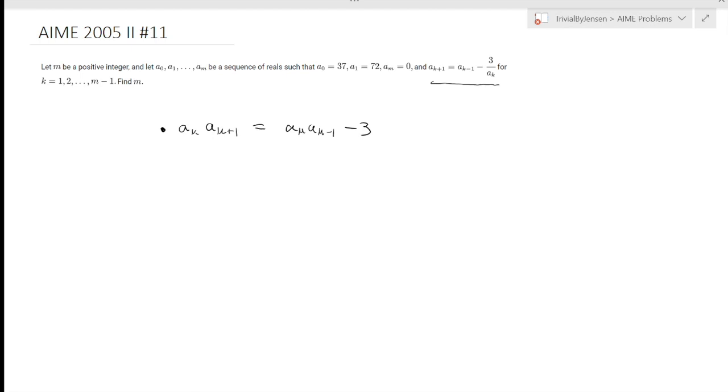So what that means is we start with this term right here, and then we subtract 3 every time k goes up by 1 to get the product on the left hand side.